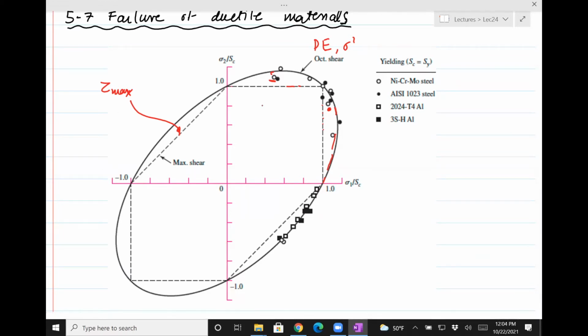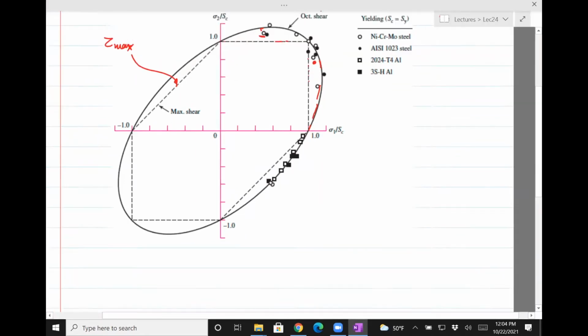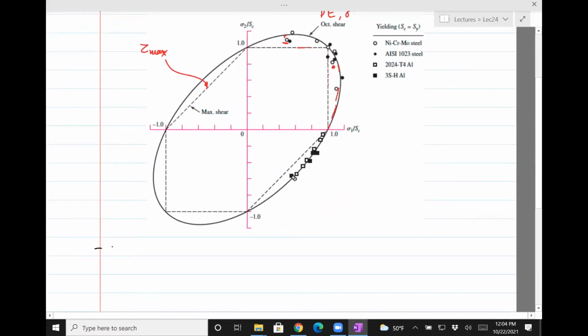Okay, so what we'll say here is many points lie on DE rather than MSS.